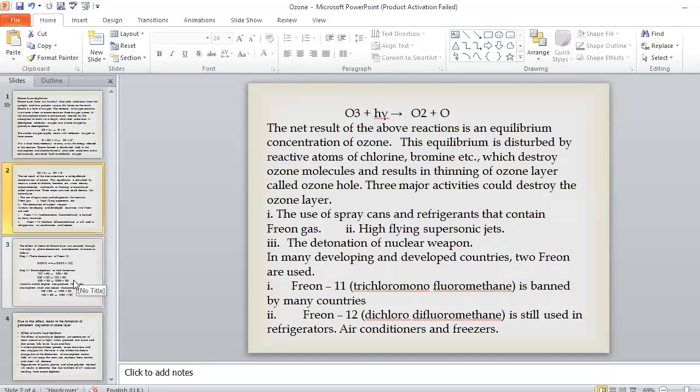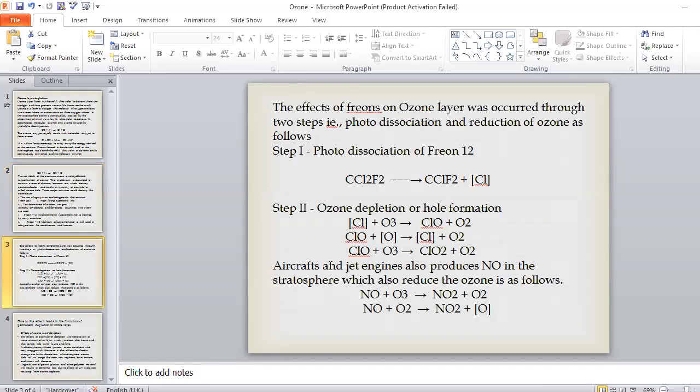Freon 12 is used in refrigerators, in air conditioners, and even in freezers. There these gases are released, and they take part in the reactions. The effect of freons on the ozone layer is as follows. The photodissociation of a freon takes place. At that time, a nascent chlorine atom is released.